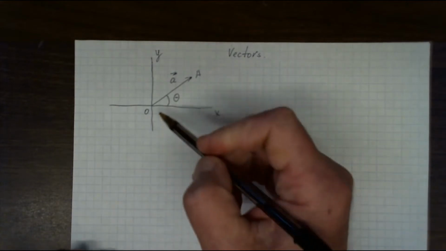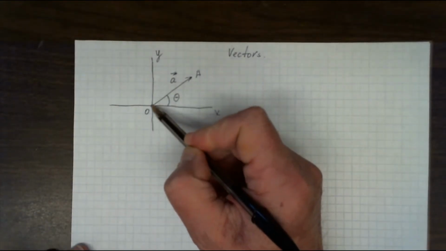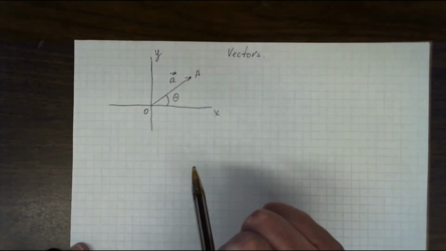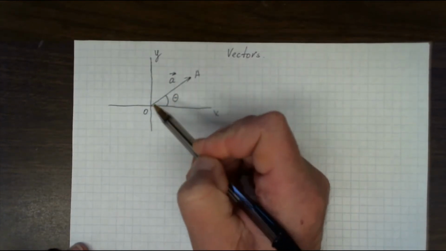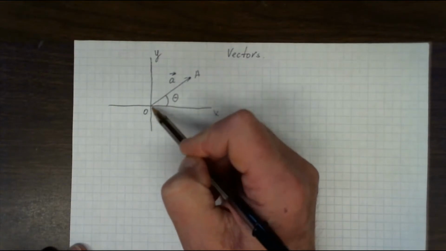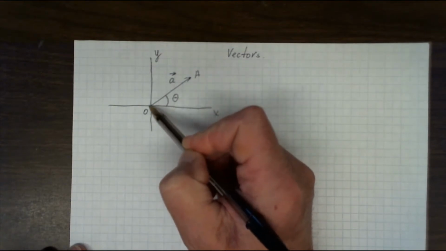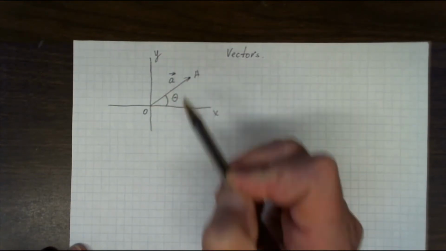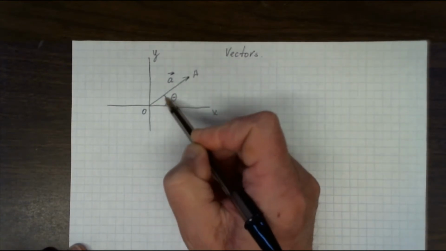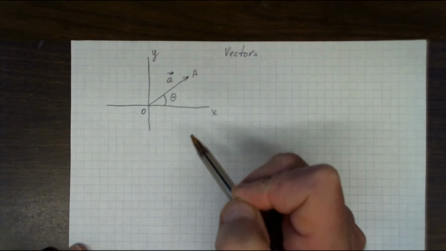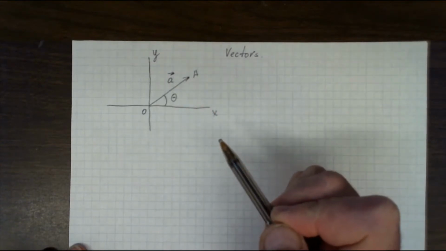The simplest one, of course, is to go directly from O to A. And, for example, if we're talking about the displacement, then the number of steps along the line, which is tilted by the angle theta with respect to the positive x-axis.